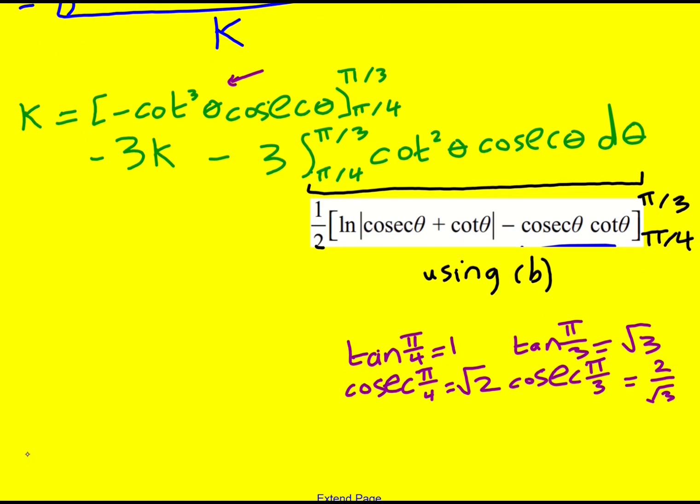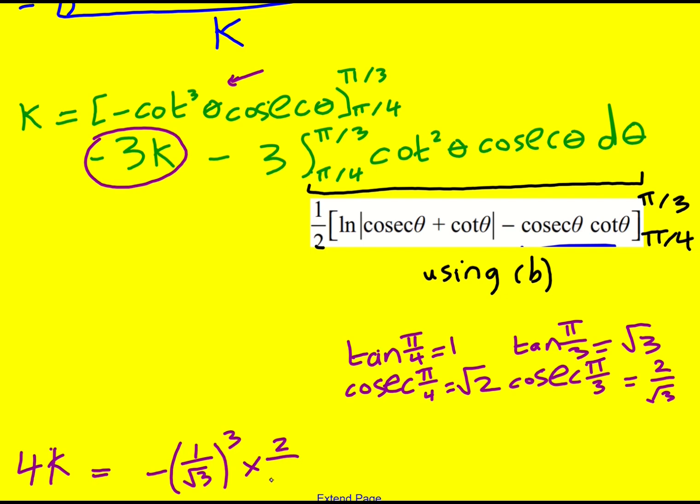So that means that 4k, because I can add 3k to both sides, is going to equal minus, and now I'm going to substitute in my values. So cot cubed theta is going to be 1 over root 3 cubed, because I have tan of pi over 3 is root 3. So cot of pi over 3 is 1 over root 3. Then I cube it. And I times by 2 over root 3.